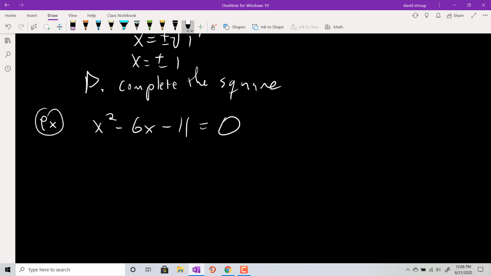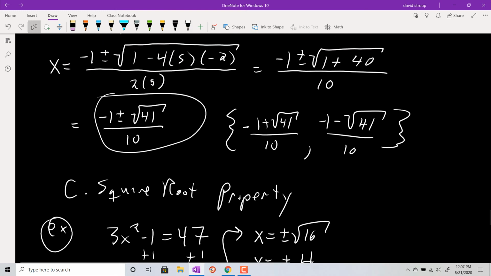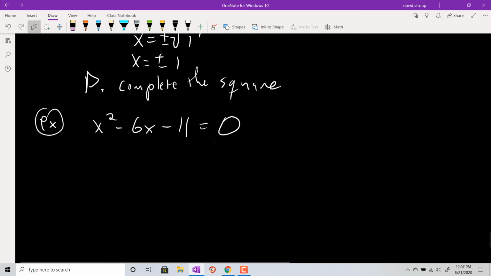Okay. So in this case, to complete the square, you want to add in, and we think of a, b, c, and those variables from the quadratic formula. So the b value is negative 6 here. What we want to add in on both sides, and usually you want to get it into this form, x squared minus 6x equals 11, and then we're going to add something.